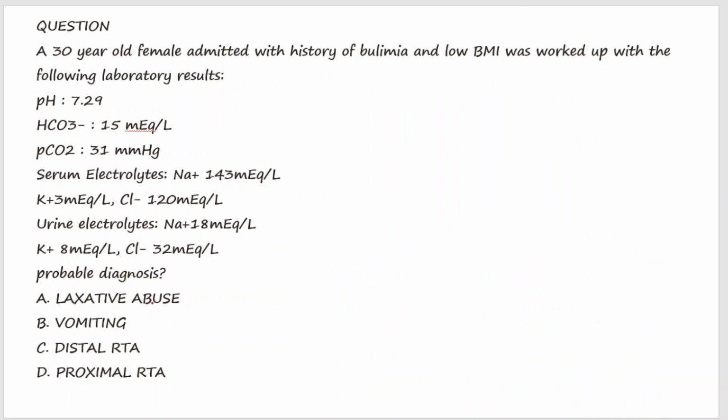Now you have these four options here: laxative abuse, vomiting, distal renal tubular acidosis and proximal renal tubular acidosis. Since your urinary anion gap is negative, you can rule out the last two options, renal tubular acidosis.